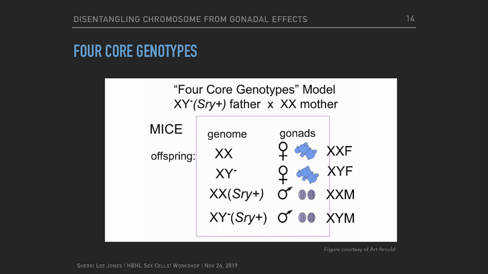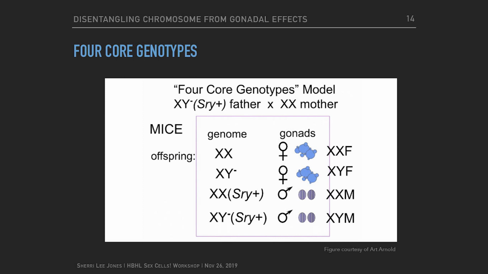And if you were to then mate that father with an XX mother, so mothers are always XX, these are the four possible offspring. You can think of this as the first X chromosome coming from the mother, and the second sex chromosome coming from the father, where it's either an XX, so it's like a typical female with ovaries, and we refer to that as an XX female.